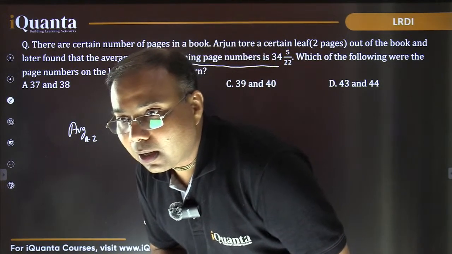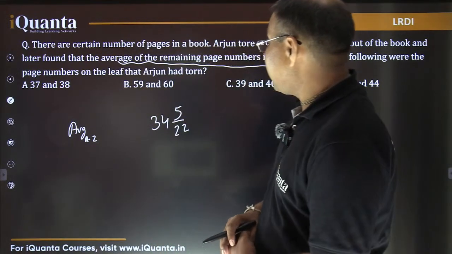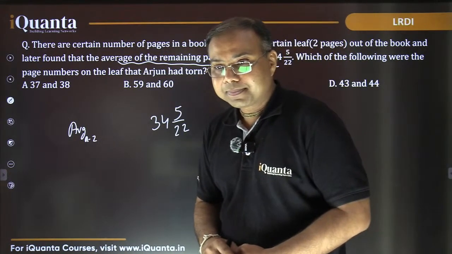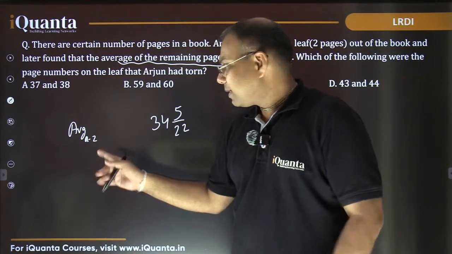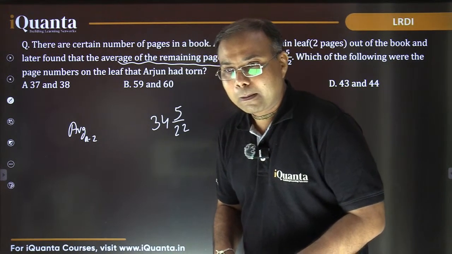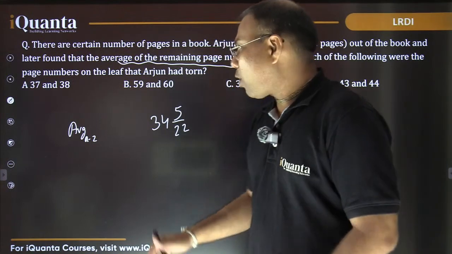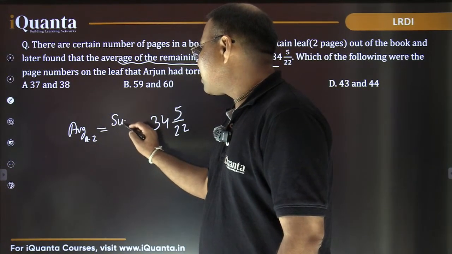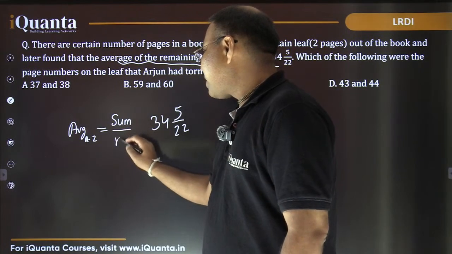Okay, Arjav has come up with an answer, option B. Okay, I don't know that, maybe. Till this point, is it okay? It is the average of n minus 2 page numbers. And how are we going to find that average? Sum of all those page numbers divided by n minus 2.